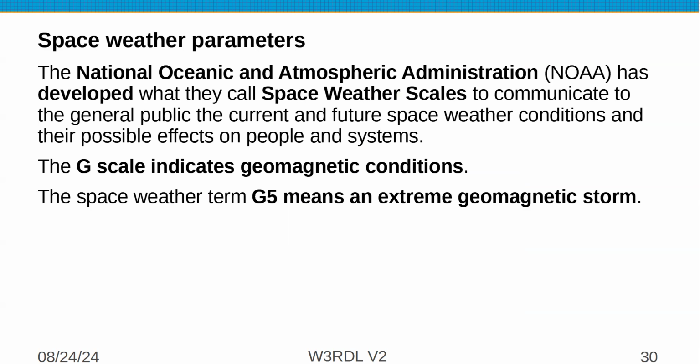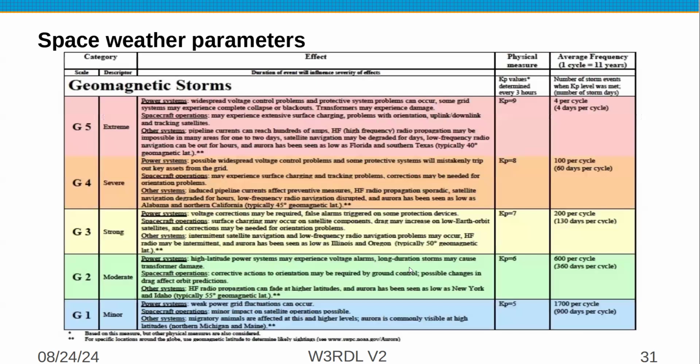NOAA has come up with their own scale called the G scale, which indicates the geomagnetic conditions. And it goes from, I believe, 1 to 5, where G5 is an extreme geomagnetic storm. Maybe what we would have seen if that CME had hit us.